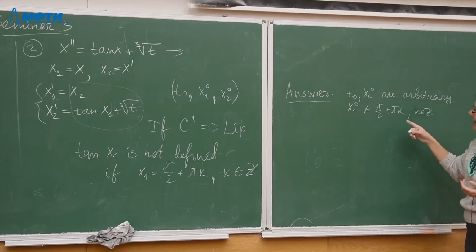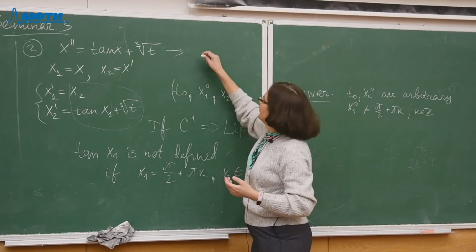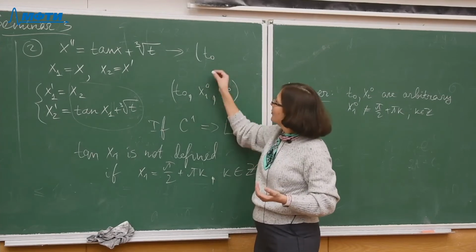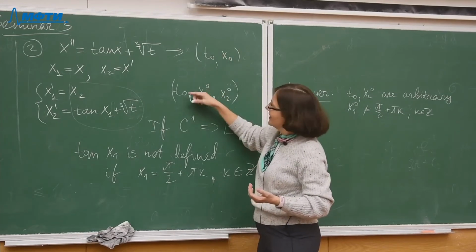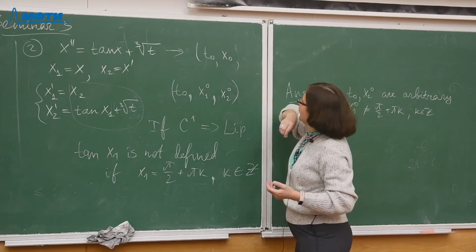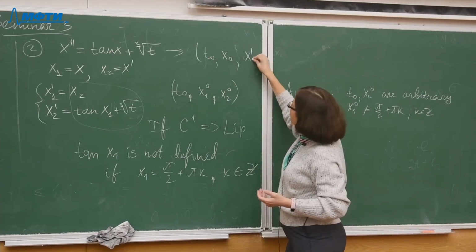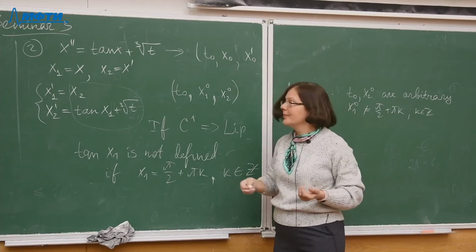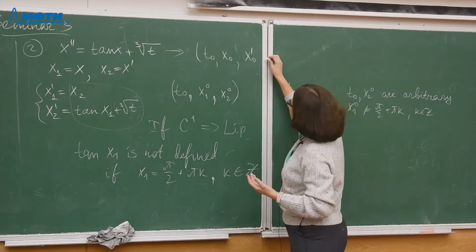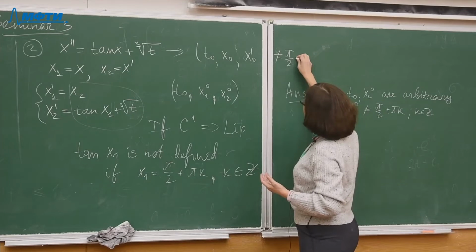Okay, right. And if we go back to this second order equation, we can say that t0 is arbitrary. x1 corresponds to x, because x1 is x, so x0 is arbitrary. And we need to specify x0 prime, which corresponds to x2, and x0 prime should not be equal to pi half plus pi k.